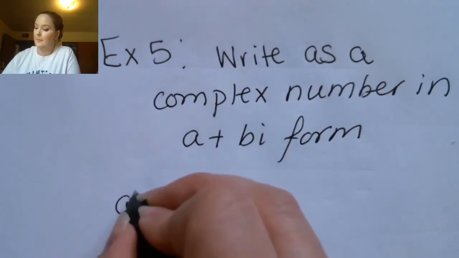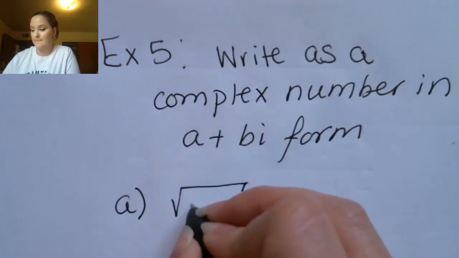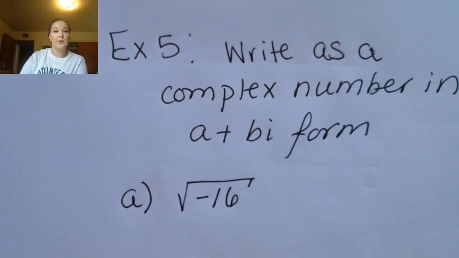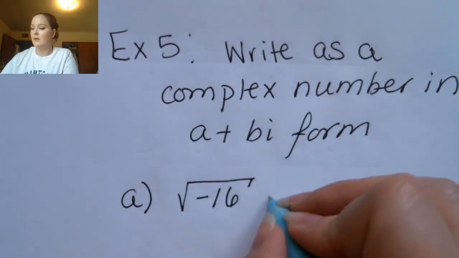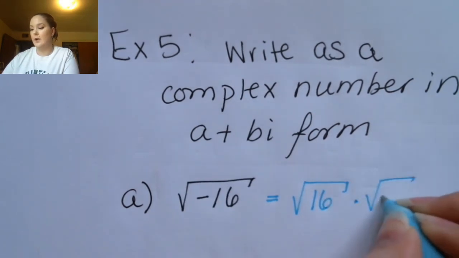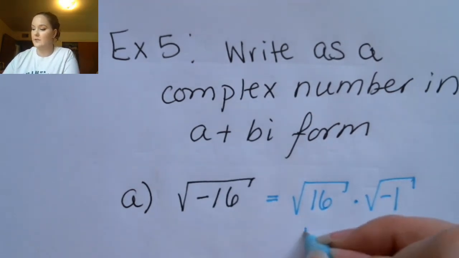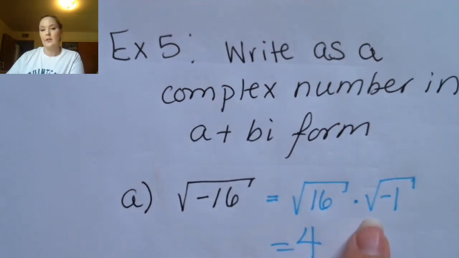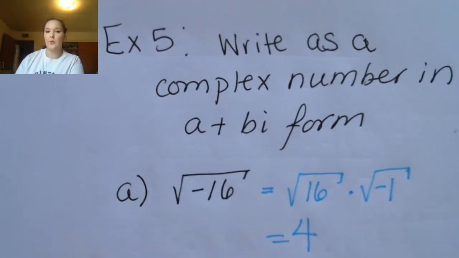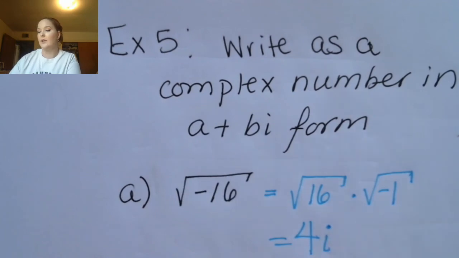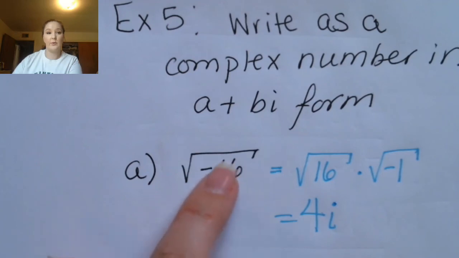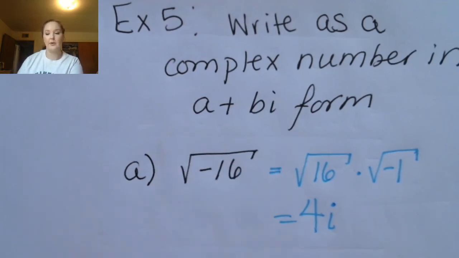So if we have something like square root of 16, this is going to be root 16 times root negative 1. The square root of 16 is 4. For the square root of negative 1, think: if i squared is negative 1, then the square root of negative 1 should be i. So this is how we would rewrite this root with a negative number as a complex number.